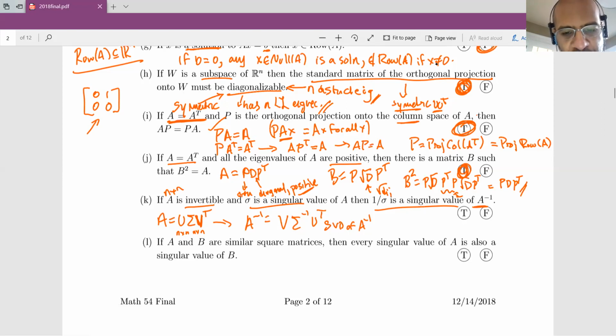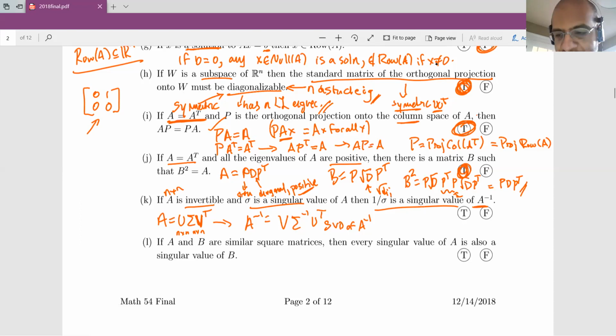And because everything's orthogonal, the inverses are just transposes. So basically, given the SVD of A, I can calculate an SVD of A inverse for free, just by doing this.